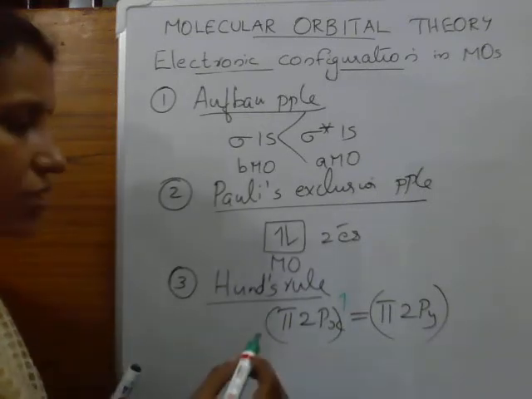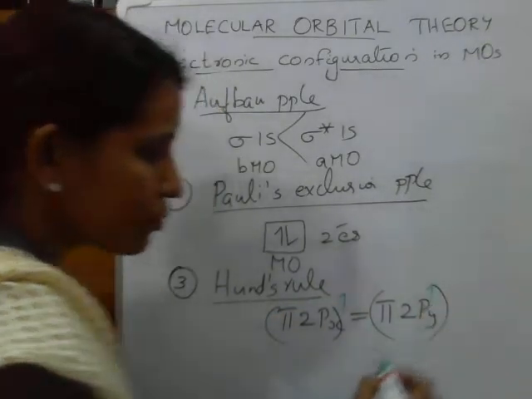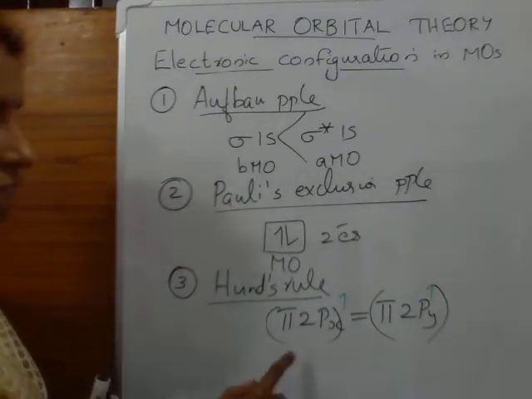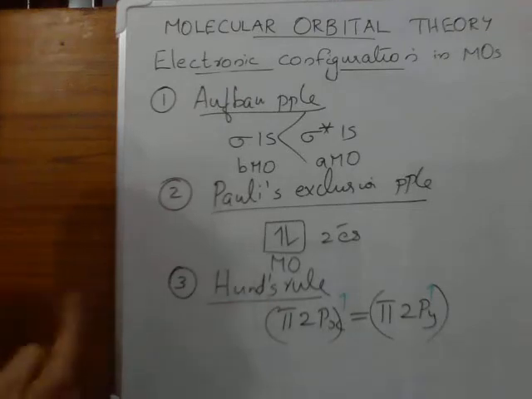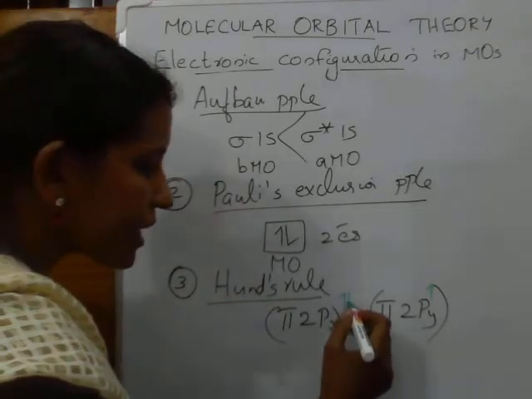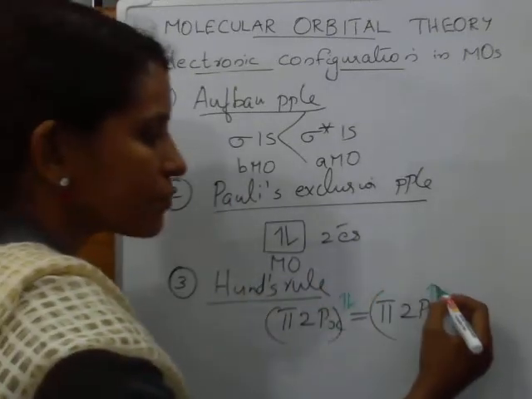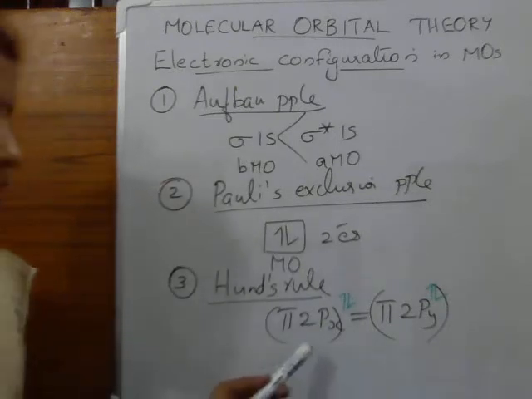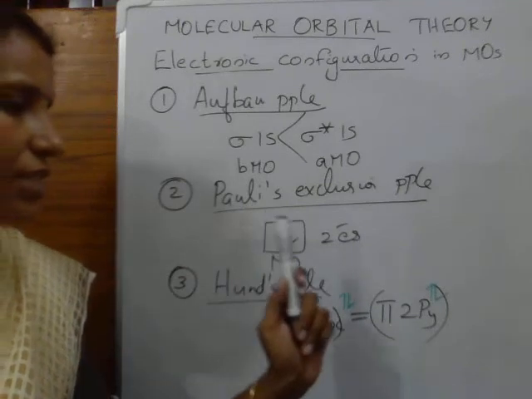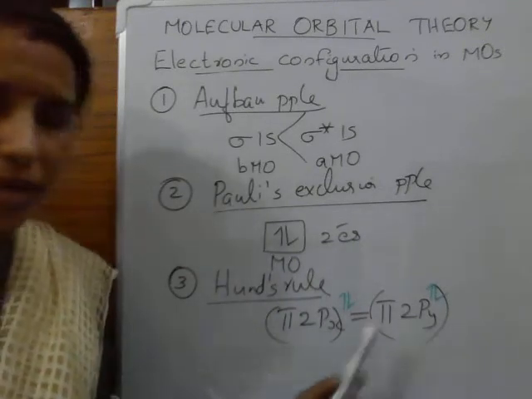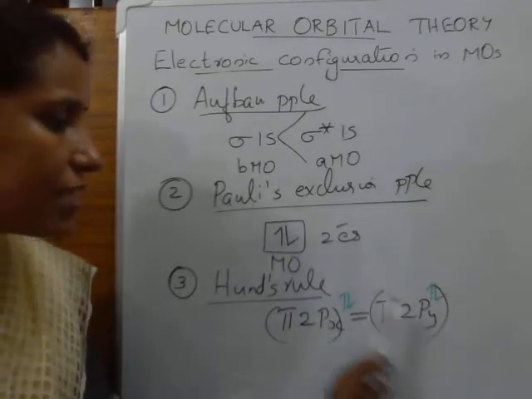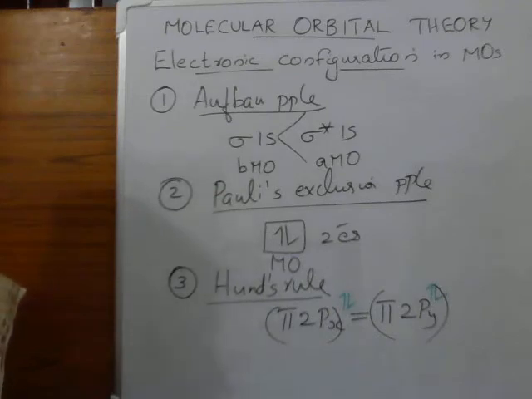If there is one more electron, that will go to pi 2py. Now each orbital is singly occupied. Only after each orbital is singly occupied, pairing starts. The third electron will pair in the first one. Fourth electron will pair in pi 2py. That is, according to Hund's rule, equal energy orbitals are filled with a single electron first. Then only pairing starts.